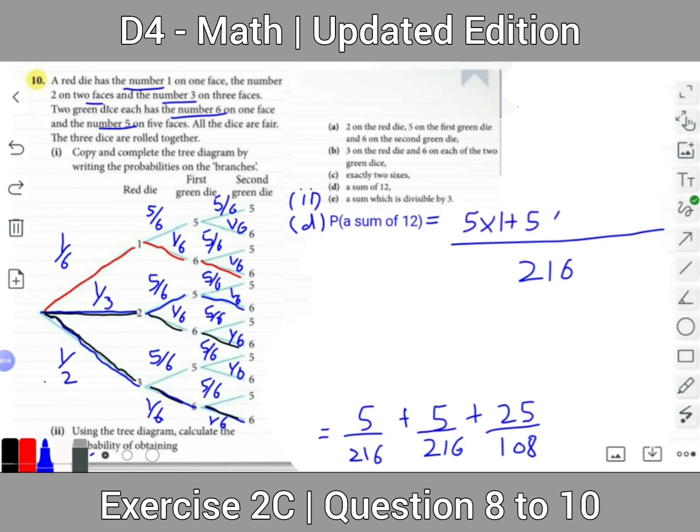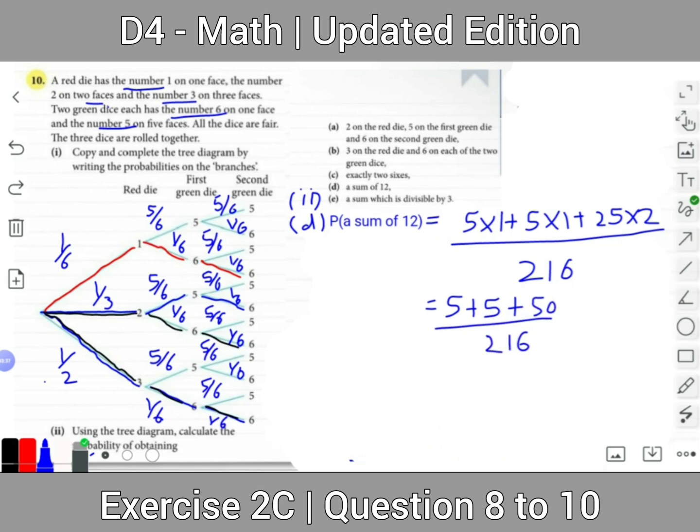Again we have 5 multiplied by 1 plus 108 times 2 is equal to 216. So we have 25 multiplied by 2. Now we have 5 add 5 is 10 and plus 50, that is 50 divided by 216. So here we have 60 over 216.